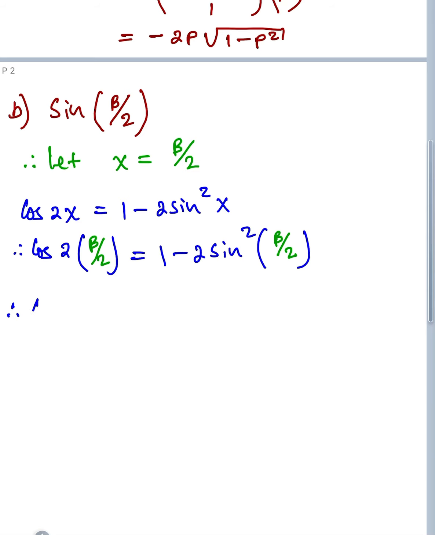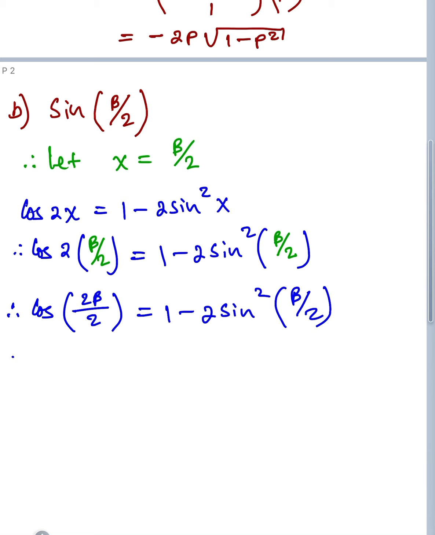So this is cos of 2 beta divided by 2, which equals 1 minus 2 sine squared of beta divided by 2. Now if I simplify my left hand side, I get cos of beta, which equals 1 minus 2 sine squared of beta over 2.